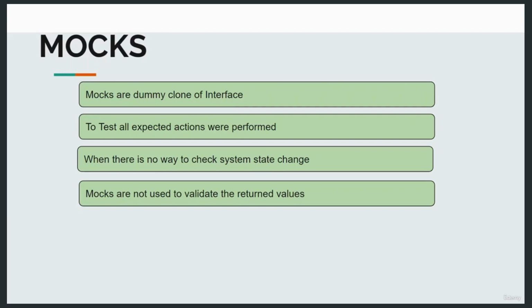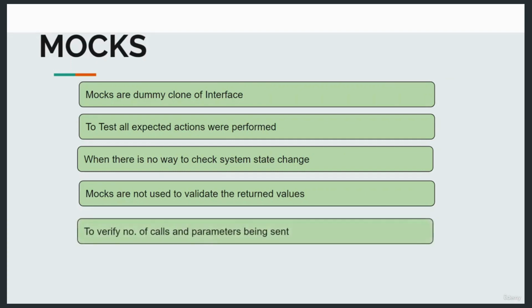But sometimes mocks also return values. Why? Because inside your code you may need to proceed to further lines of code depending on the outcome from the dependent API. So if a mock returns a value, you can validate it and proceed with the next line of code or next function.